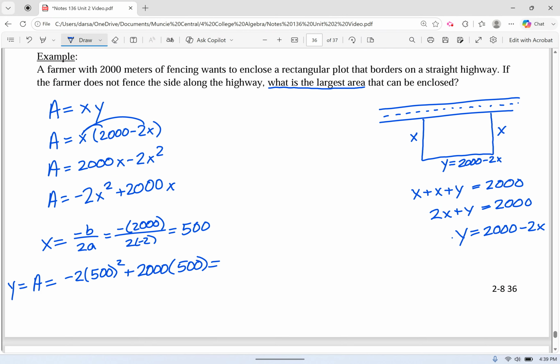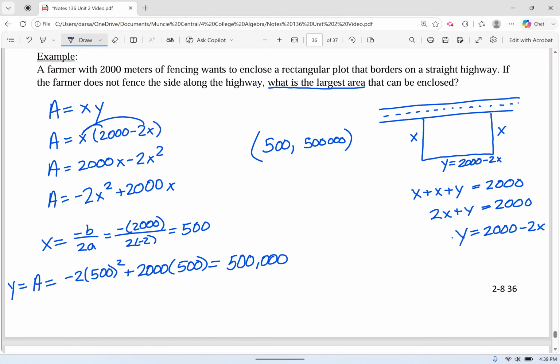And we get 500,000. Now, we want to make sure we write our vertex. So the vertex is x is 500, y is 500,000.